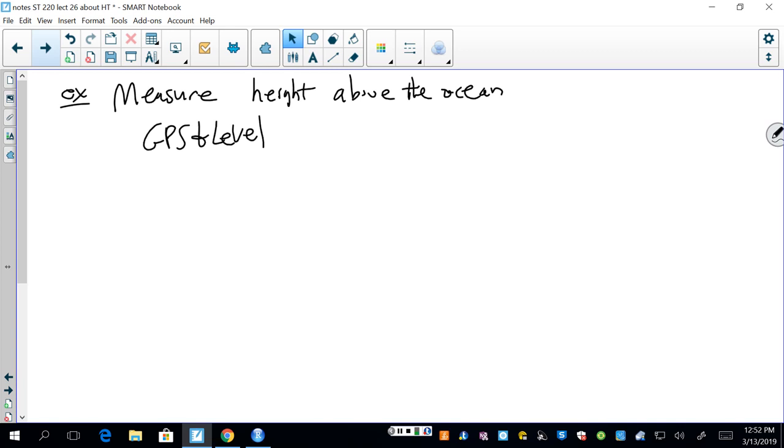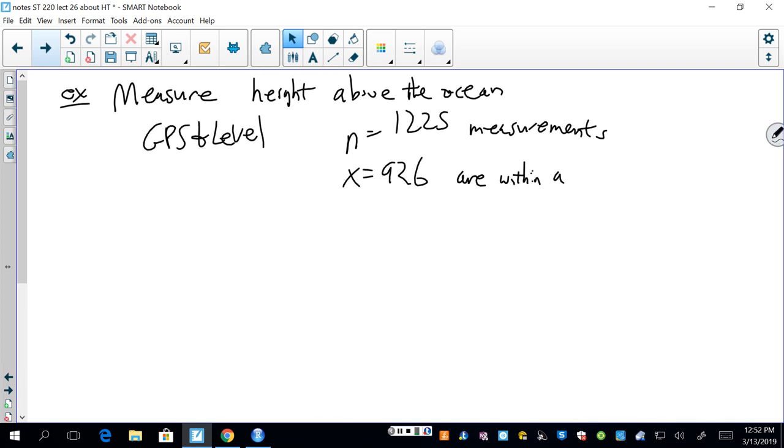So let's say that there's 1,225 measurements of this, and 926 of them are within acceptable tolerance levels, plus or minus a certain amount.